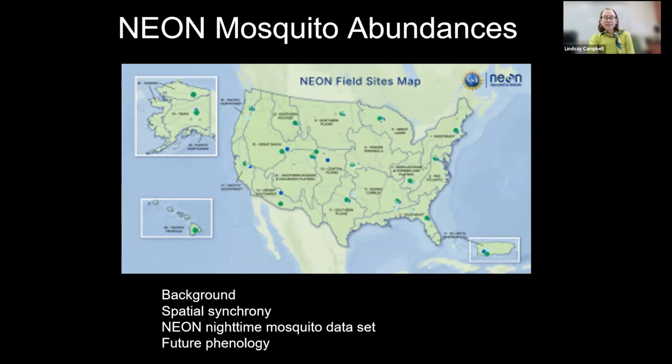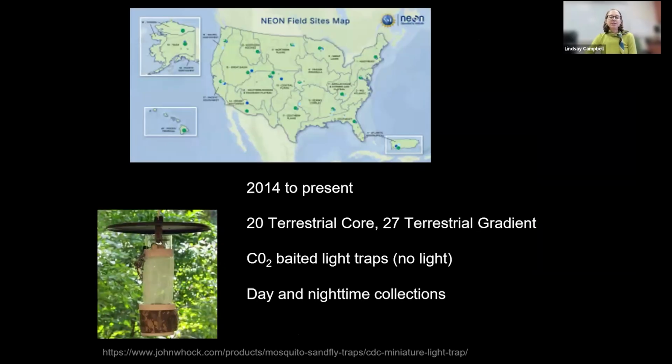And then that sort of led into deriving a nighttime female mosquito data set from the full mosquito collections. And then we actually haven't quite gotten fully into phenology yet, so I'll just highlight some future directions on that component.